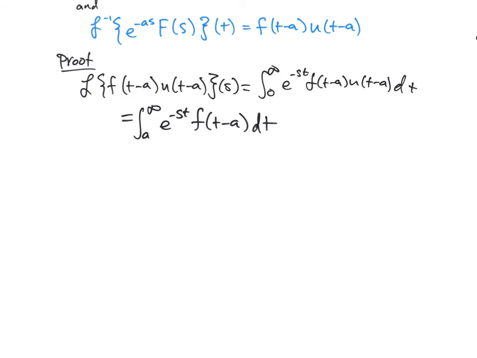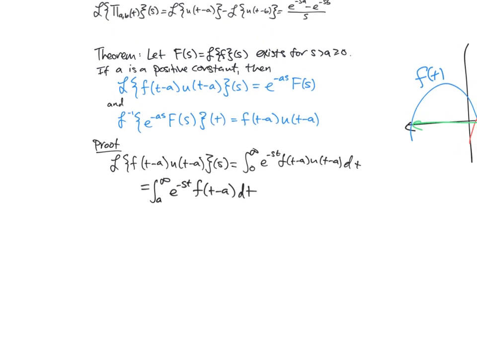Okay, now to do this integral, remember what we're trying to show. We're trying to relate this integral here to the Laplace transform of the original f. So we want to get this back looking just like f.